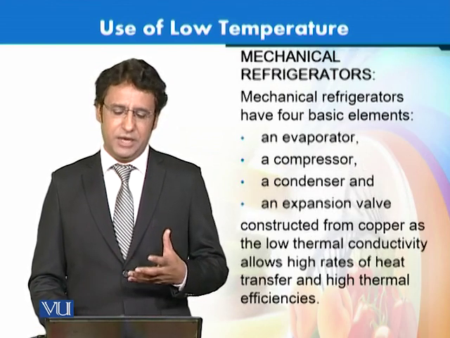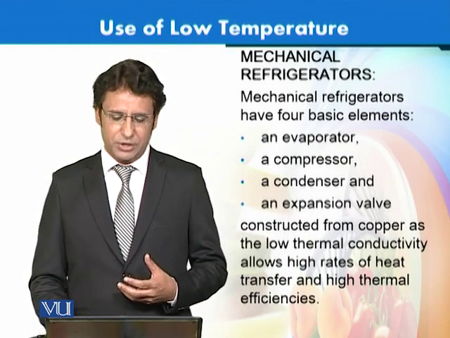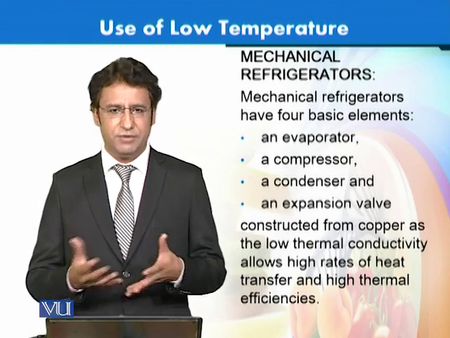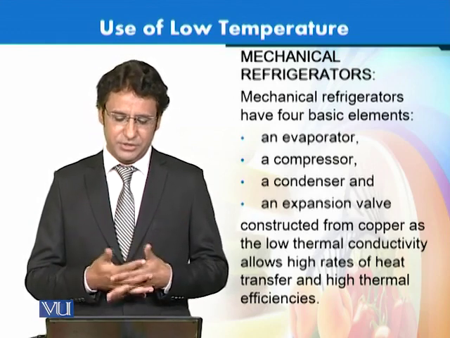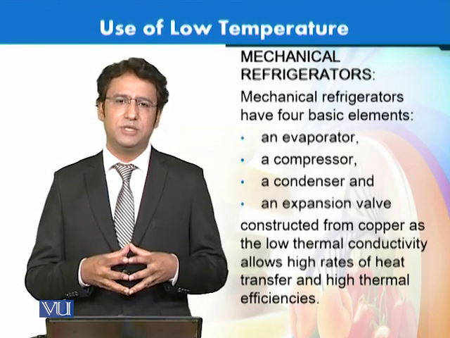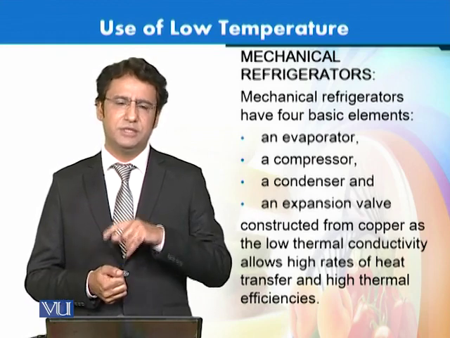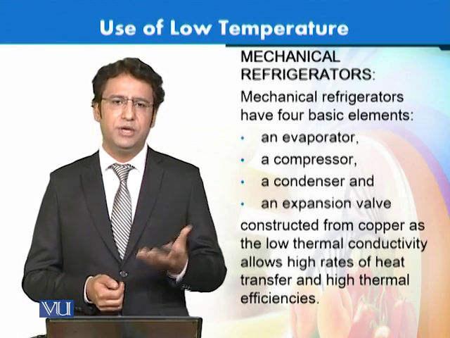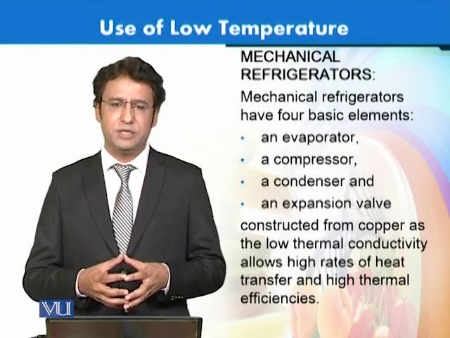We use mechanical refrigerators for chilling operations or use of low temperature. All refrigerators have four components: an evaporator, a compressor, a condenser, and an expansion valve. Because a coolant is used within the refrigeration, it has to be reused all the time, so we go for evaporation, compression, condensation, and then expansion.